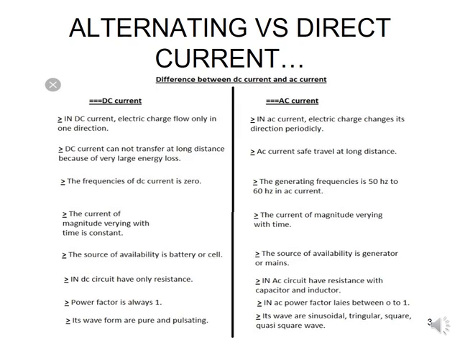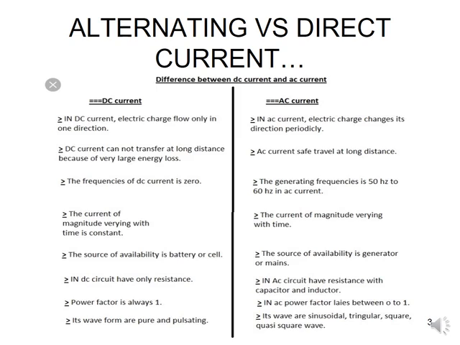We have a source, which could be a battery or a cell on your DC, and on your AC, that could be a generator, or it could be your mains, in other words, your switchboard as you come through into your houses.